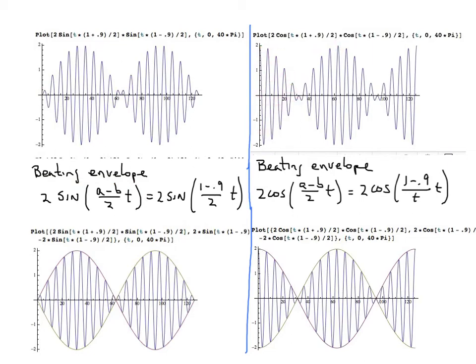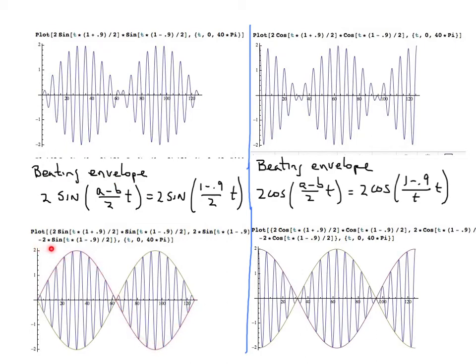And yes, they are just phase-shifted versions of each other. And in each case, down below, I'm also graphing just the envelope. So I'm just graphing the positive function 2 sine (a minus b)/2 t, or in this case, 2 sine (1 minus 0.9)/2 t.